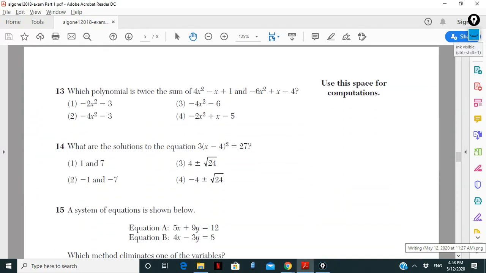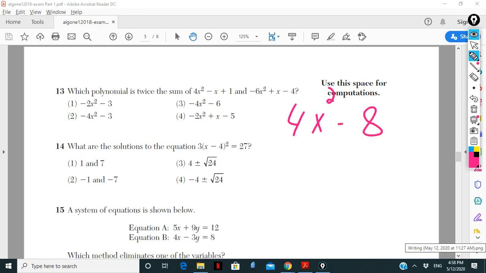Question number 13. Which polynomial is twice the sum of 4x squared minus x plus 1 and minus 6x squared plus x minus 4? So first I have to add them. So 4x squared minus x plus 1 plus -6x squared plus x minus 4.